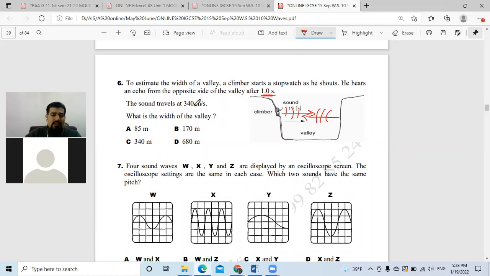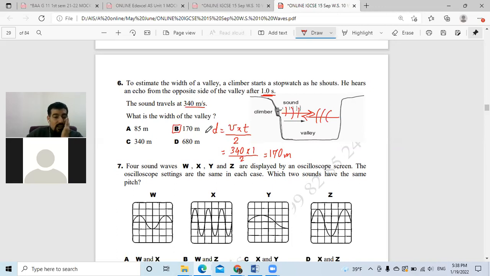The sound has traveled with a speed of 340 meters per second. What is the width of the valley? Now we can use the echolocation formula: distance equals speed times time, but we divide by 2. It will be 340 multiplied by 1, divided by 2, and the answer will be 170 meters. So the answer is B.